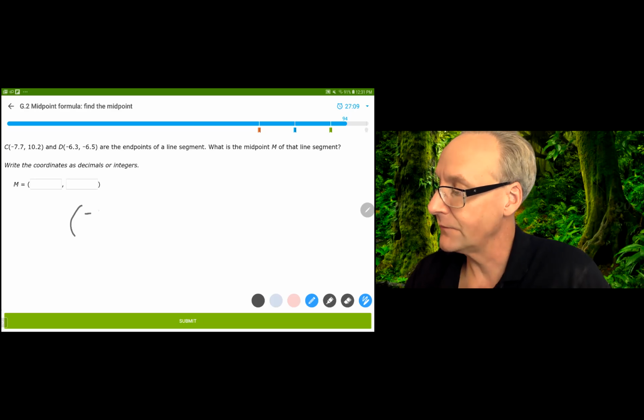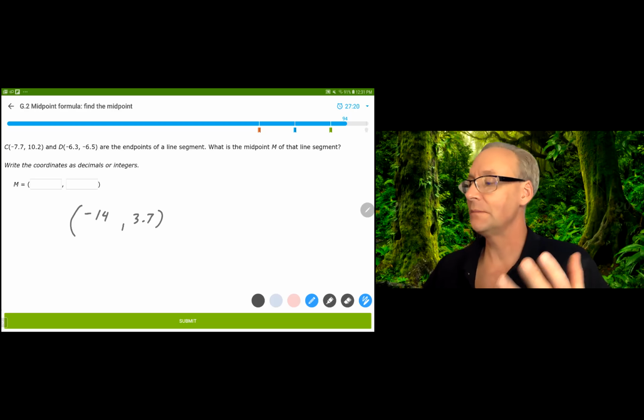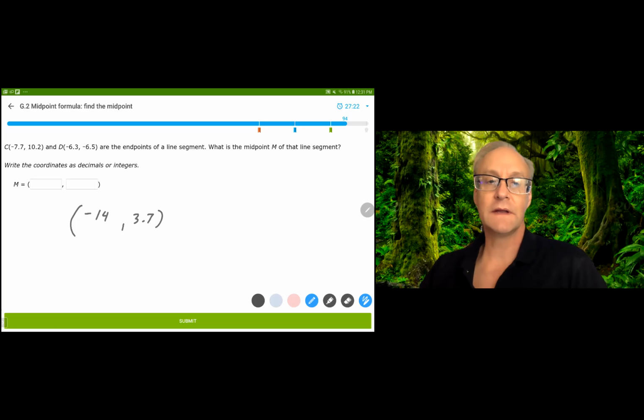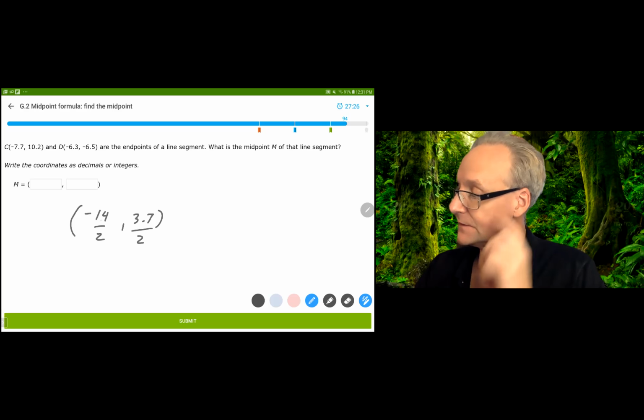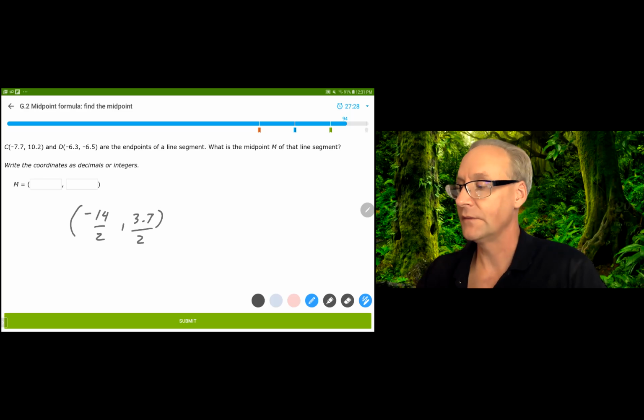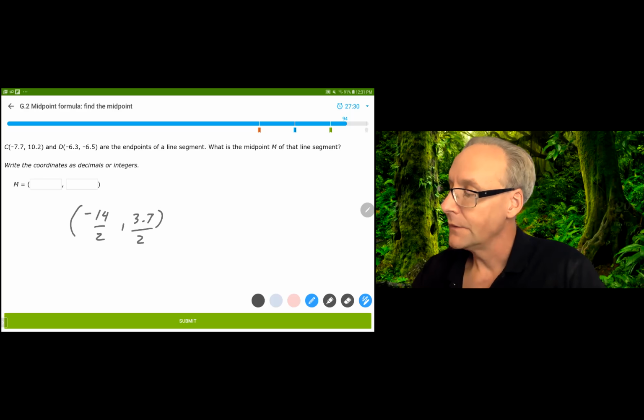That's going to be negative 14. And when I add the other ones together, I'm going to get 3.7, it looks like. Now use your calculator and make sure that you're right. There's nothing wrong with that. Remember to divide by 2, because we're adding the x's and dividing by 2. We're adding the y's and dividing by 2. This is negative 14, yes, and this is 3.7.